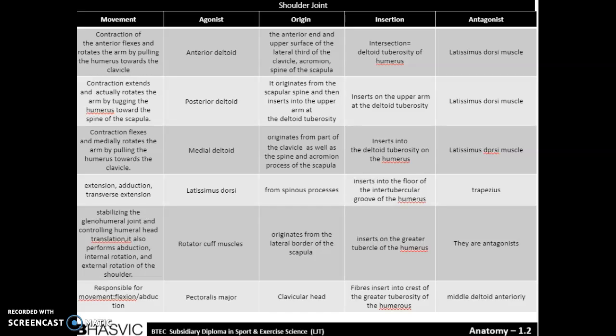The insertion inserts into the deltoid tuberosity on the humerus. The antagonist is the latissimus dorsi muscle, and finally for movement it participates in contraction, flexes and medially rotates the arm by pulling the humerus towards the clavicle.